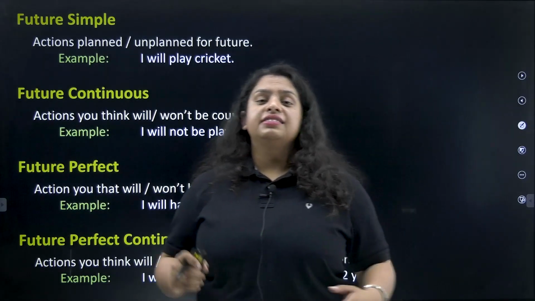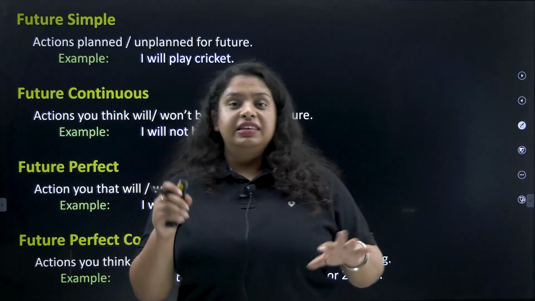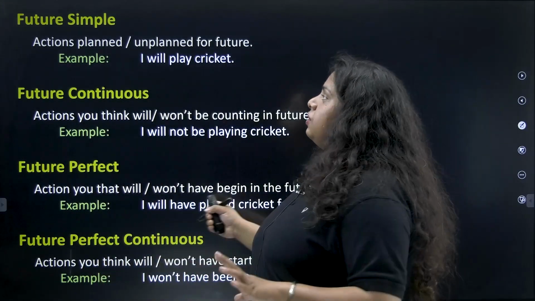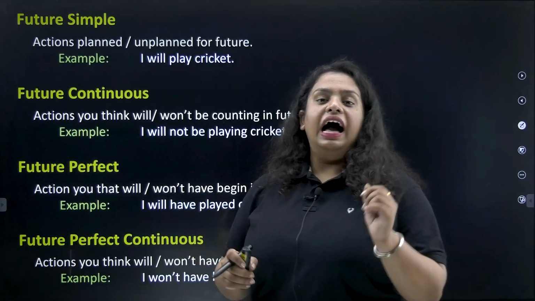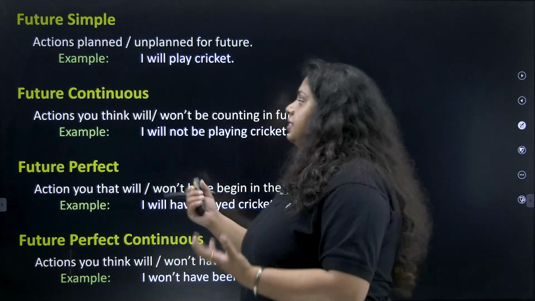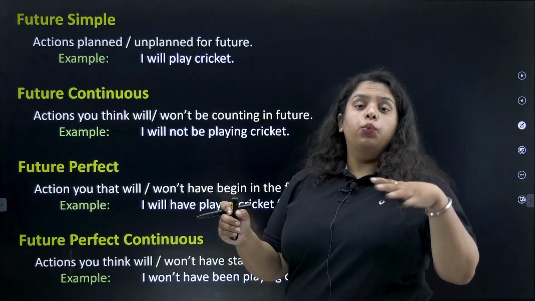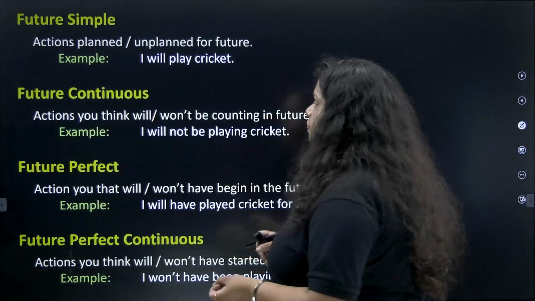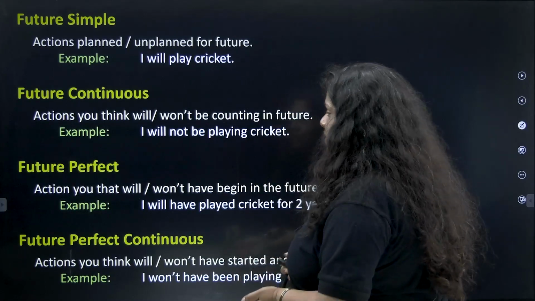So let's summarize the 4 subcategories and the trick to remember them. In our simple future, we talk about the actions planned. Then in our future continuous, we talk about the actions we think will or will not take place in future, or won't be continuing in future basically.